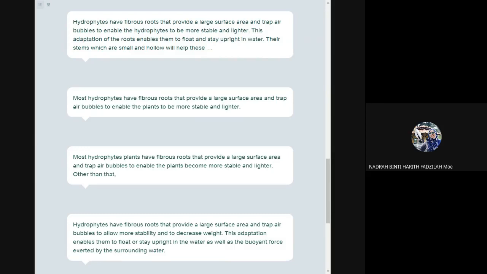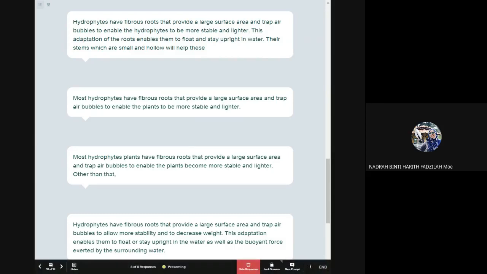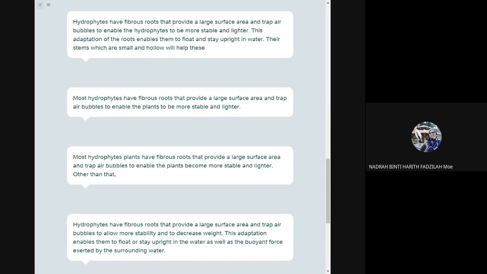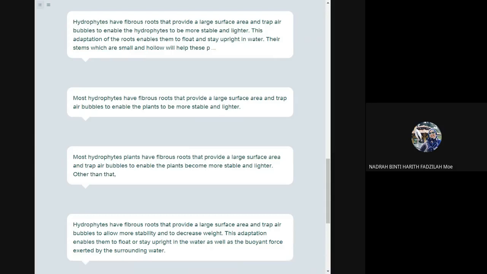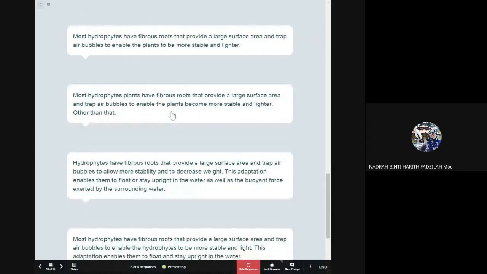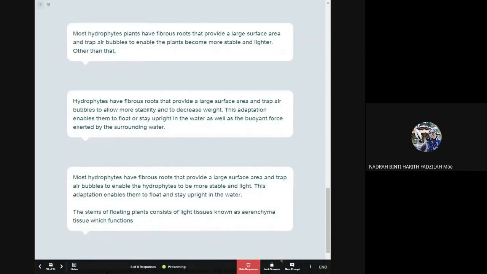Okay, nombor 1, good, saya setuju. Fibrous roots, kamu nak cerita macam mana pun, kita kena nyatakan dulu karakteristik dia apa, function dia apa. Okay, saya setuju, all of you sebut ada fibrous roots, large surface area.